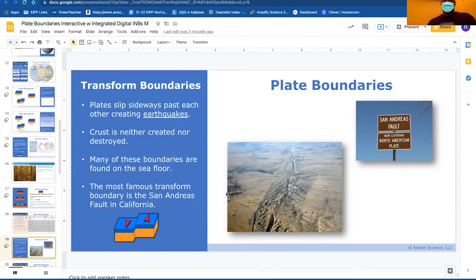The most famous transform boundary is the San Andreas Fault right here in California. And you can actually see this fault on land. These are two separate pieces of crust that are sliding past one another. And you can see the boundary between them on land. It's very clear.